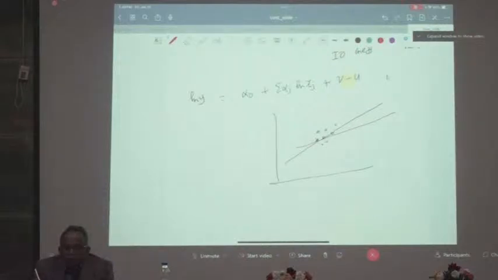But if there are points like this everywhere, then you have much better confidence in saying that the fit is robust. It's not going to change if I take out one point. So the variation in the independent variable is essential for a good estimation of an econometric model.